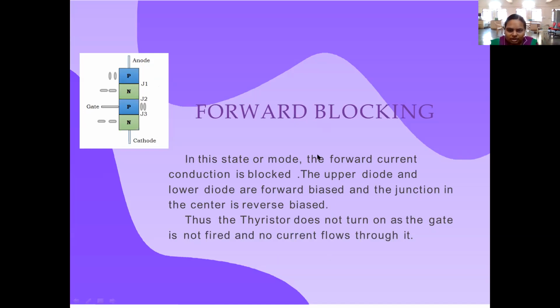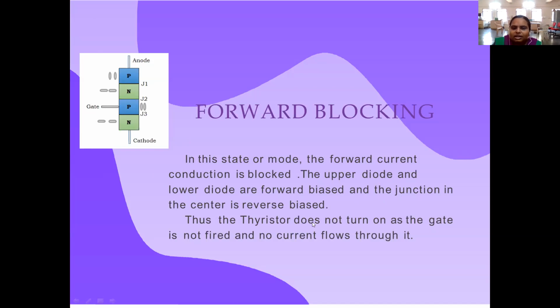Let's go through the theory. In this state or mode, the forward current conduction is blocked. The upper diode and the lower diode, meaning this PN and this PN, are forward biased, and the junction in the center, that is NP, junction J2, is reverse biased.